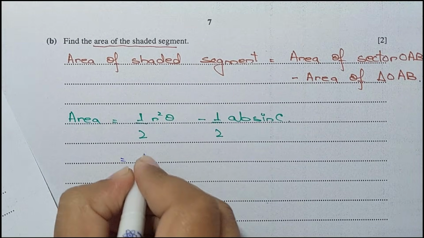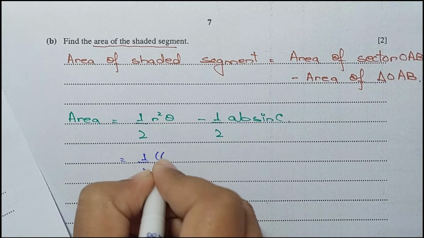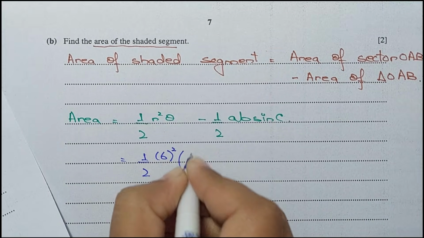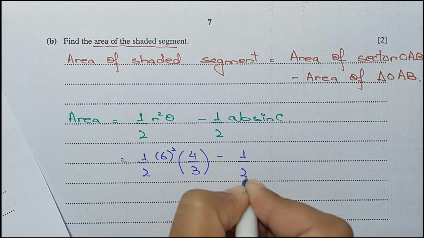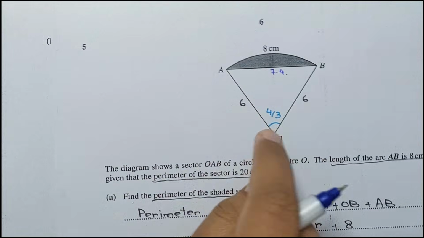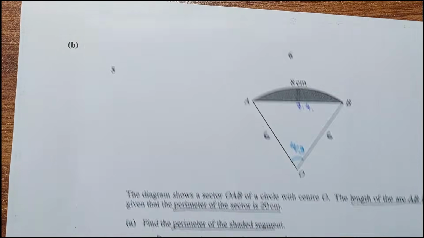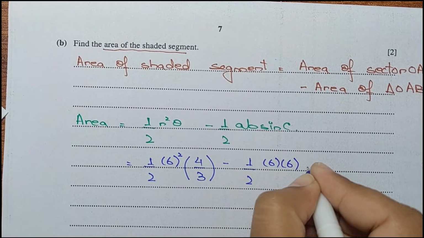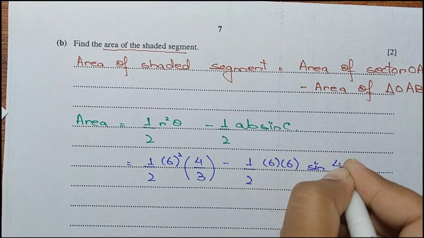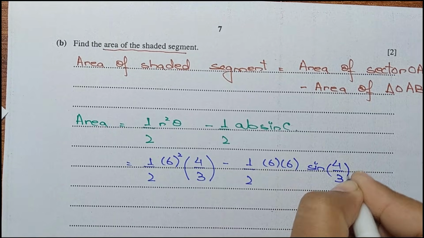So we have half, radius is 6, angle is 4 by 3, minus half for the triangle, the two sides and the sine of the angle between them. The two sides are 6 and 6 and sine 4 by 3 radians.